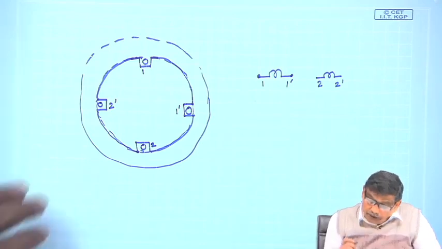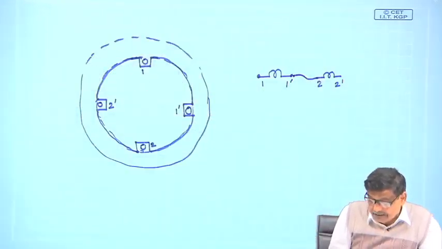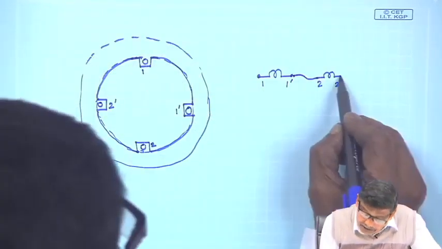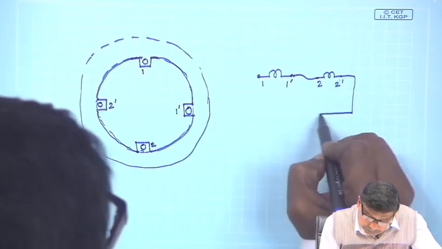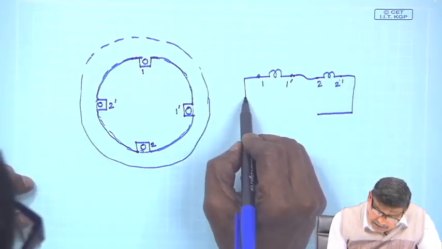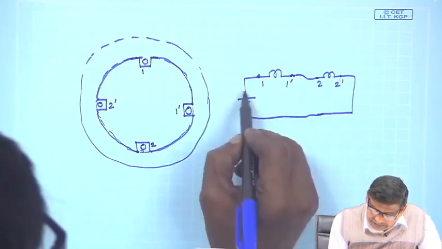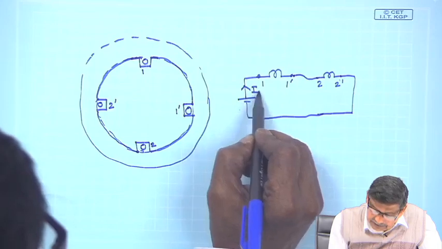Okay. Now, what I will do is connect these two coils in series, that I can do because those terminals are available externally to me. I will connect them in series, and I will connect a DC voltage, so that current I flows.